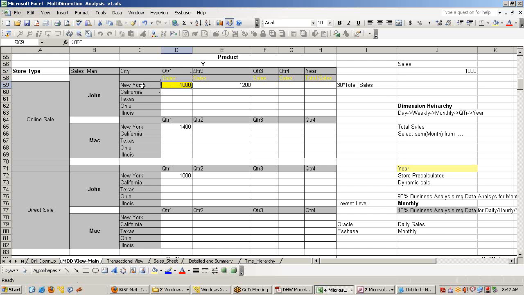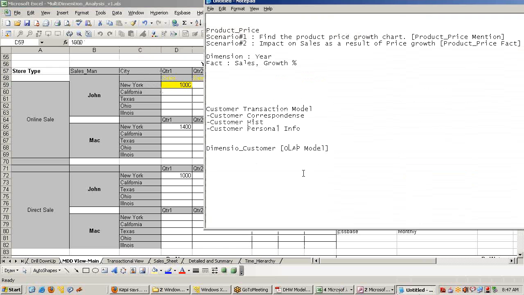When I look at another dimension called province, and the fact is same. So first view, time intersection with fact, which is quarter 1 sales, right?